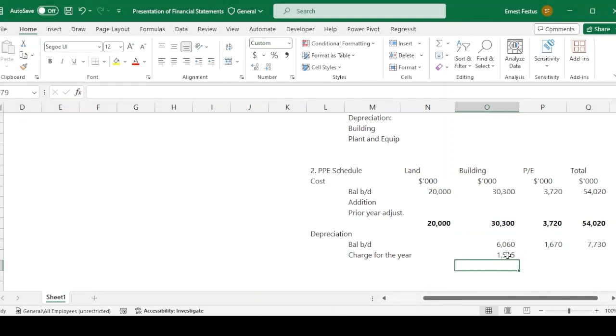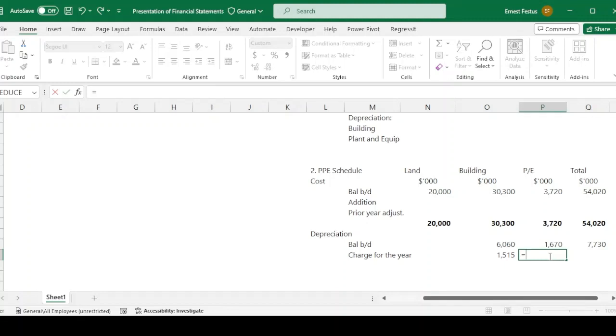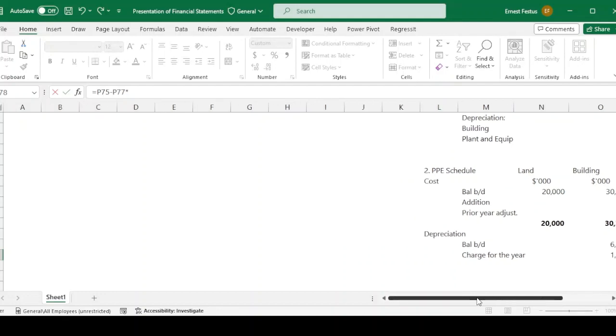So we have that. And then also for my property, plant and equipment, it is this amount less our accumulated depreciation from the previous year before multiplying the results by the rate of depreciation.